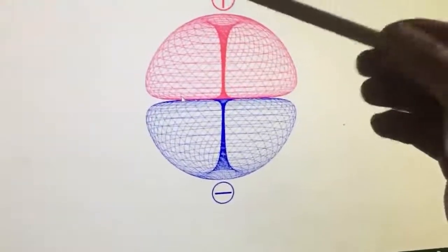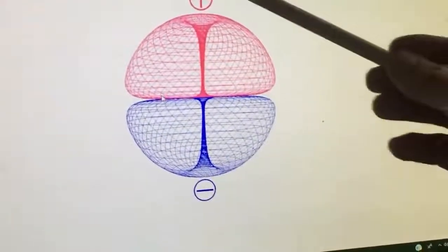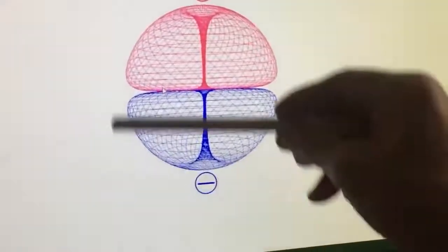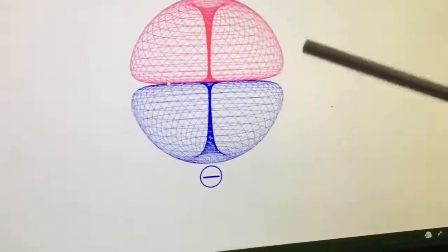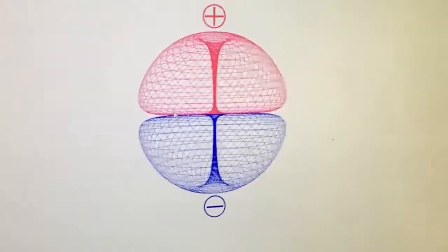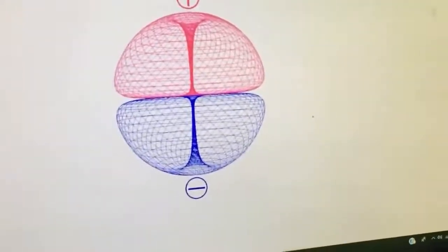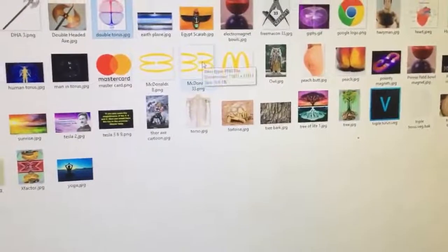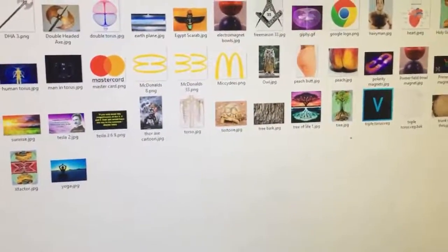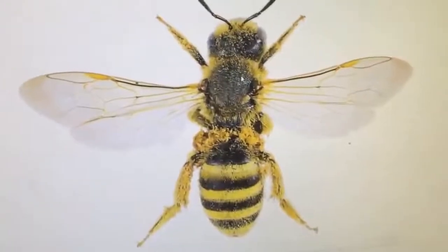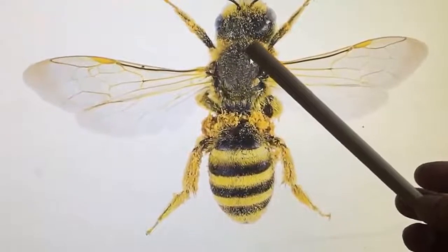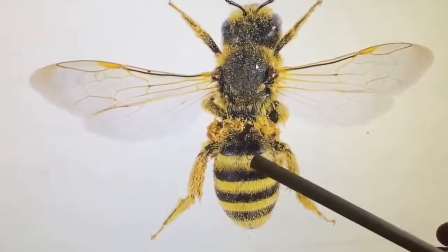Okay, so now I've shown you the 3, which is also a C. If you take the outline of this, it's the C, and all the way around is the 0. But you've got to have this third element. It's the Trinity, isn't it? And why I'm so fixated on the idea that it's the 3, of course, is because this esoteric creature here has the head, abdomen, and thorax.